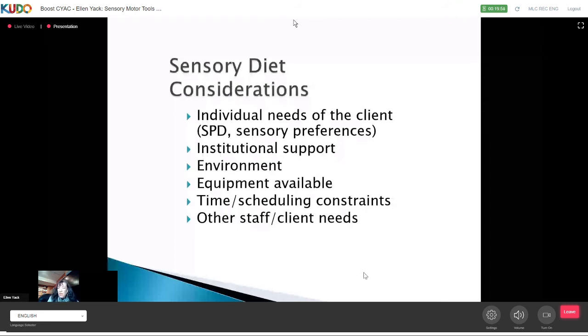But individuals who have a trauma history, individuals who are confined in some way, anxious individuals, even without a trauma history, sometimes find the weight of a blanket or the compression of a compression sheet too confining, and they can't tolerate being confined.